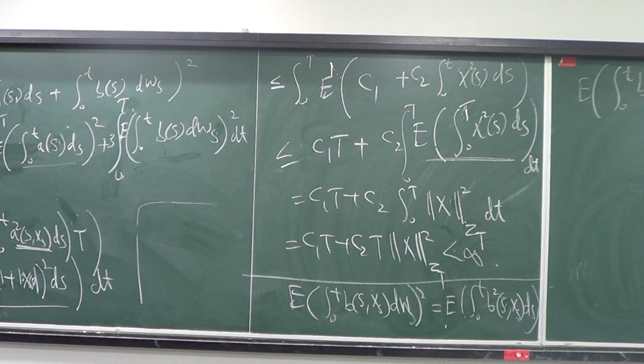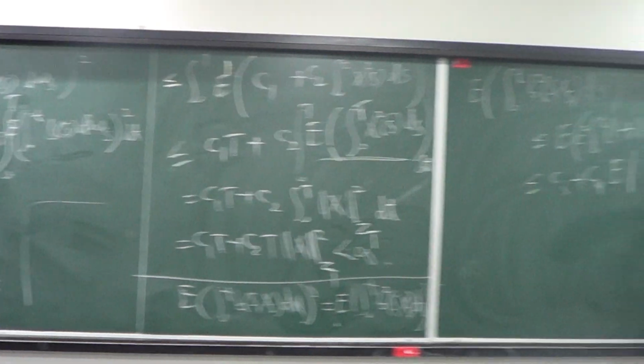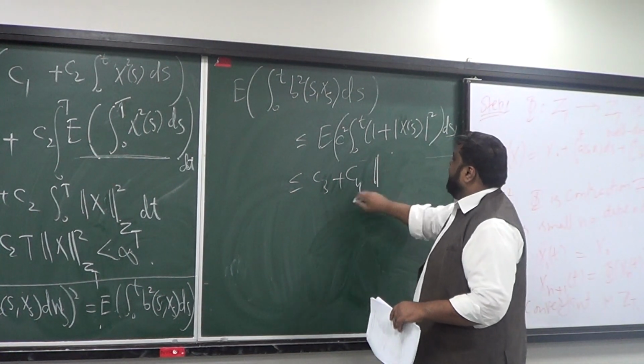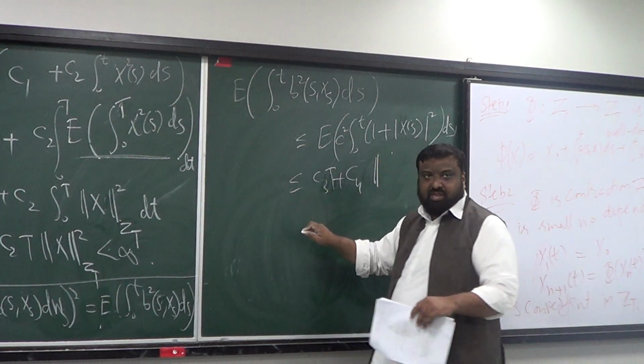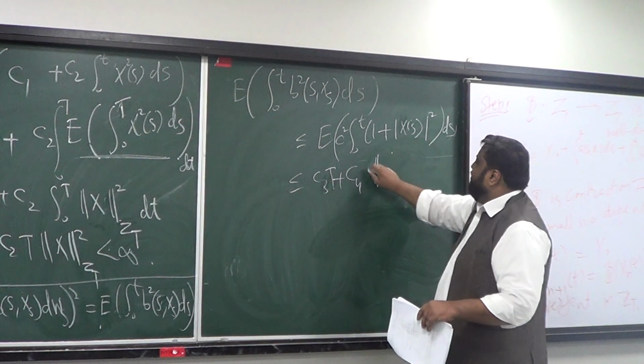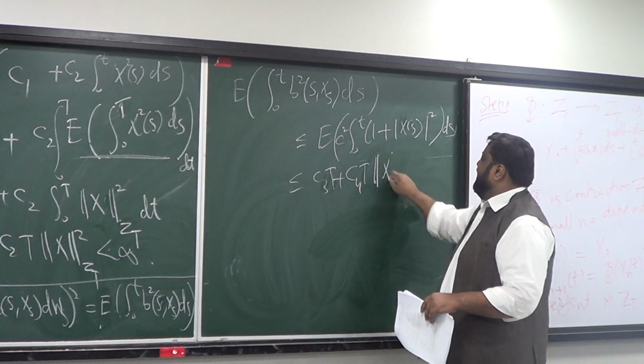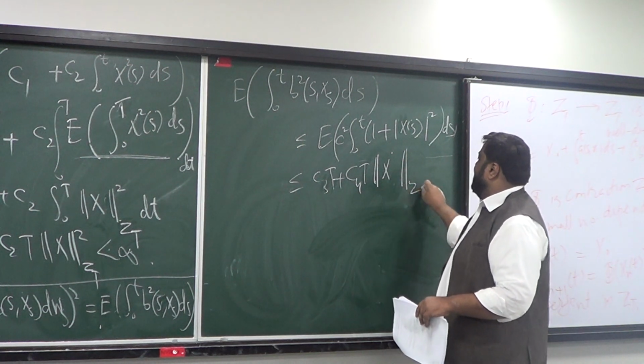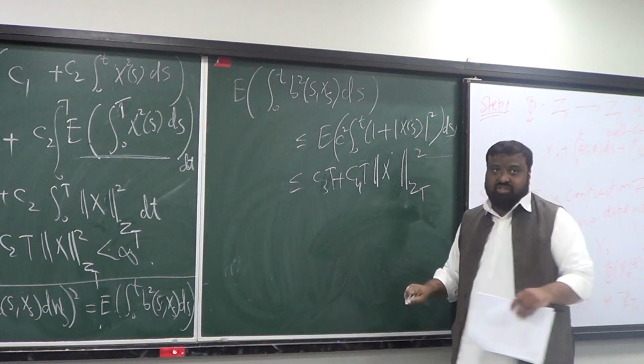Okay? So you have the same thing actually. And by running the same argument, you can get a constant, for example C3 plus C4 times the expectation of, times C3 T, the same argument, times T and X in ZT, squared.